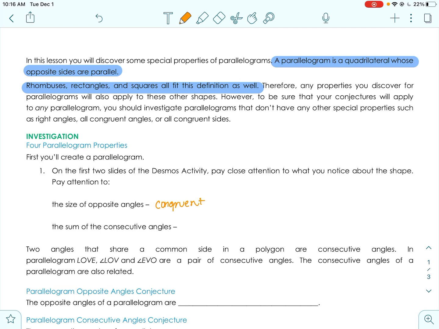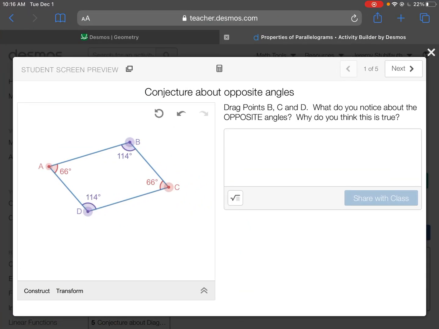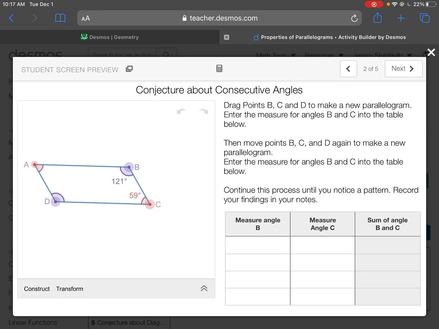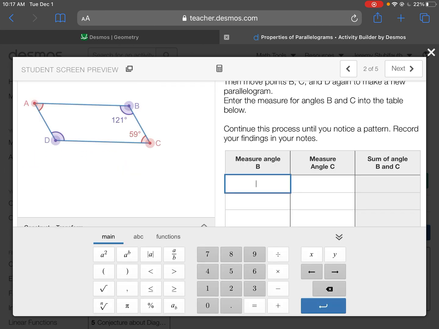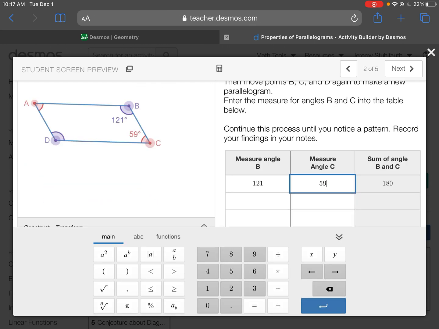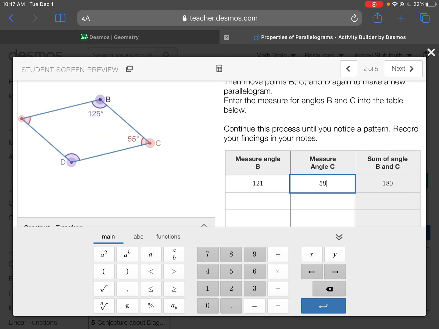Now, if we come back over here and take a look at this next slide, I want to talk about what we notice about consecutive angles. The measure of angle B and angle C is 121 and 59 respectively. Now let's adjust this and make a different parallelogram.